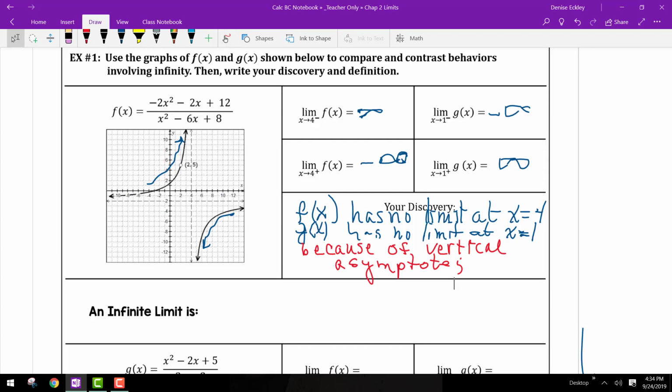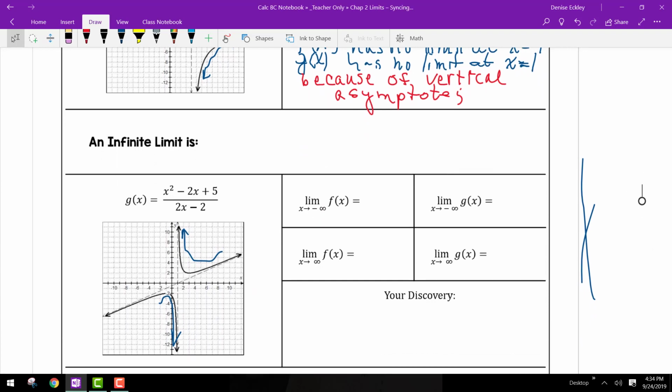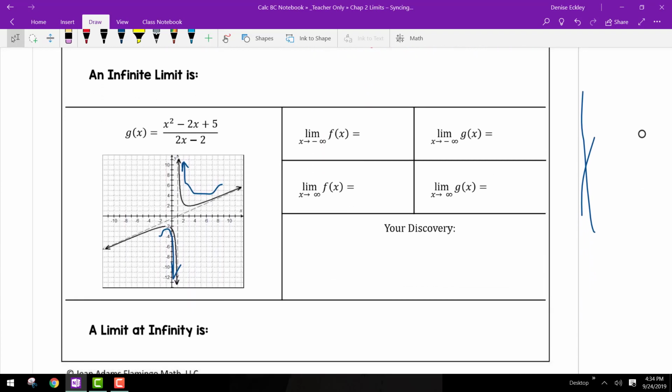Now let's talk about what happens at infinity. Let's do g first, since the picture's right there for us. The first one, we're looking at what happens when we head towards negative infinity. On g, it is this way.